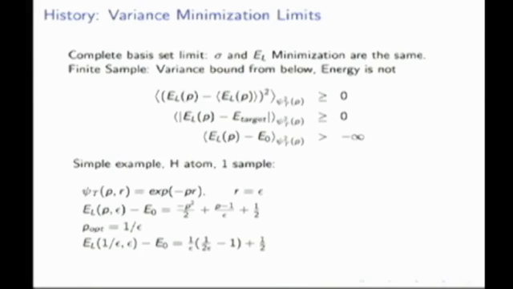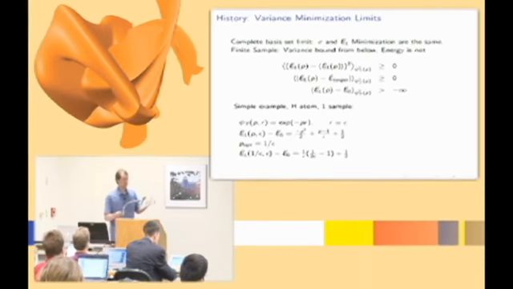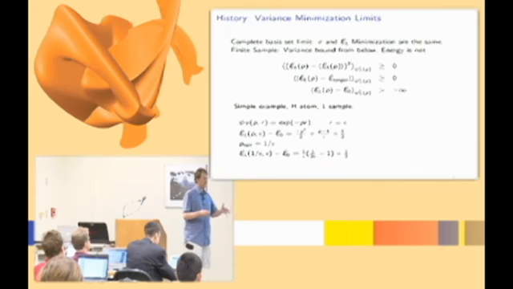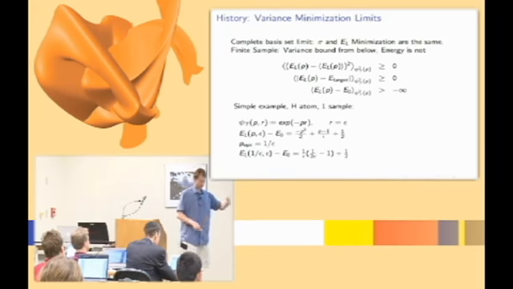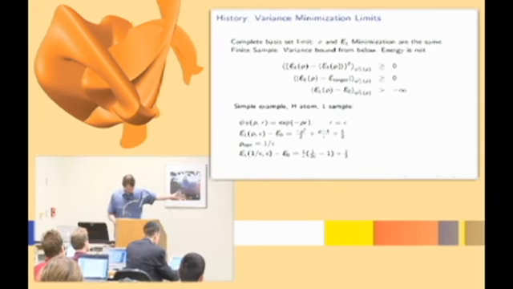So if I just choose a place at random and put an electron down next to a hydrogen atom, and I write down a trial wave function that looks like e to the negative p r, and I'm going to optimize this p. And I just want to see what my variational energy, what the energy of this configuration will be if this is what I choose.